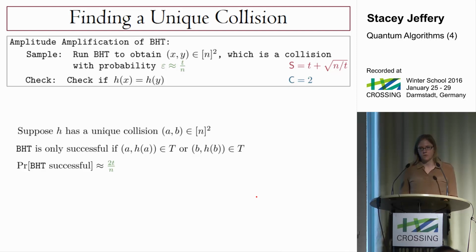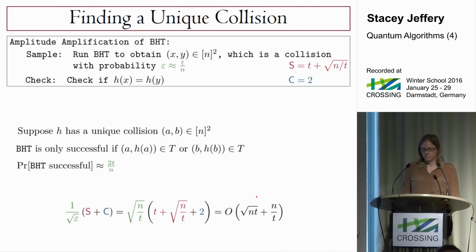We just compute h of x and h of y. Then we plug this into our formula, which has a nice 1 over square root of epsilon, and we get complexity n to the 3/4 when t is equal to the square root of n.